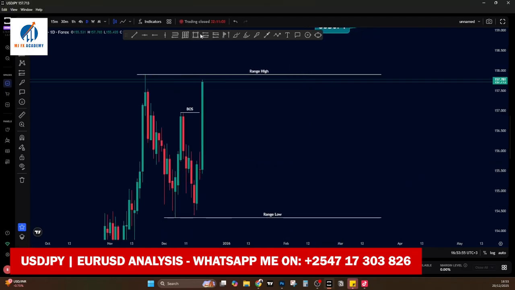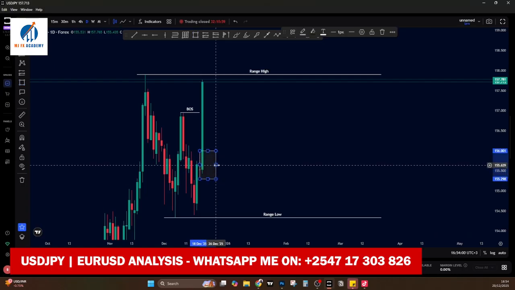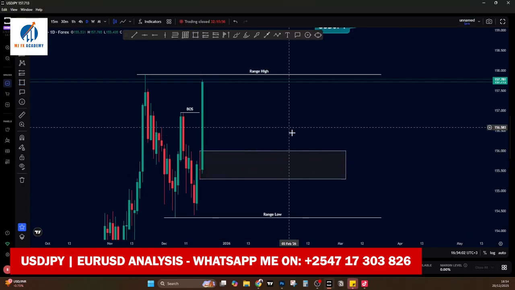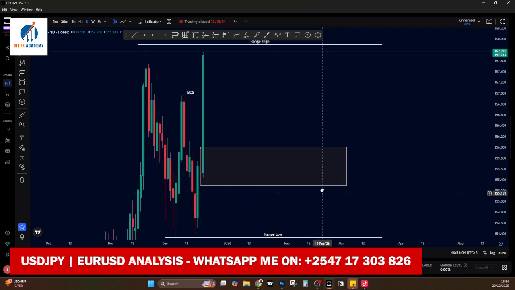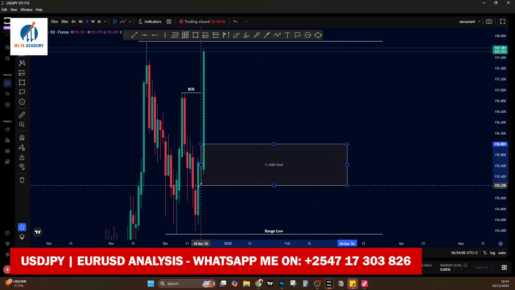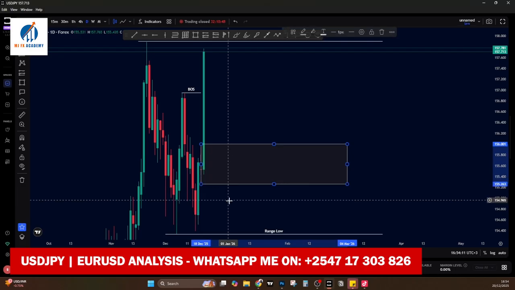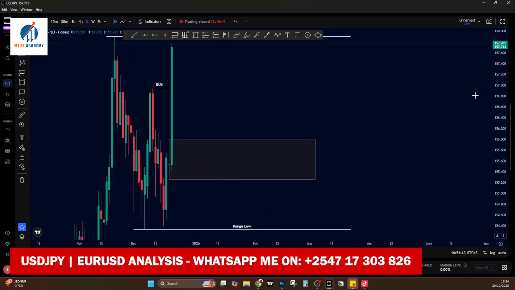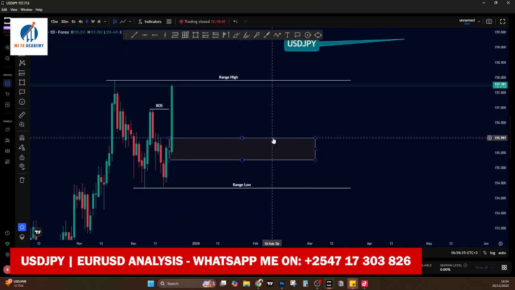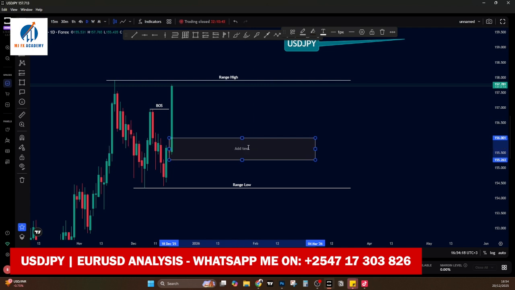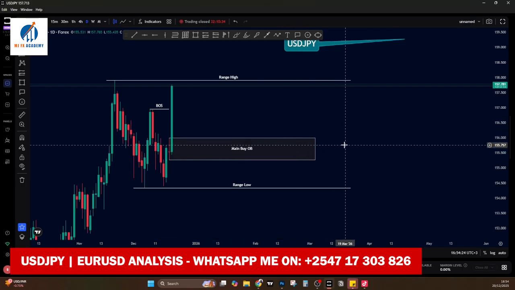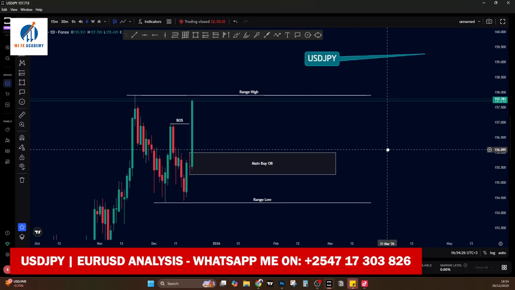Now in the daily time frame, we can see one order block here, which is very good to mark, because below it in the daily I cannot see any FVG. So we can mark this as our main buy order block.